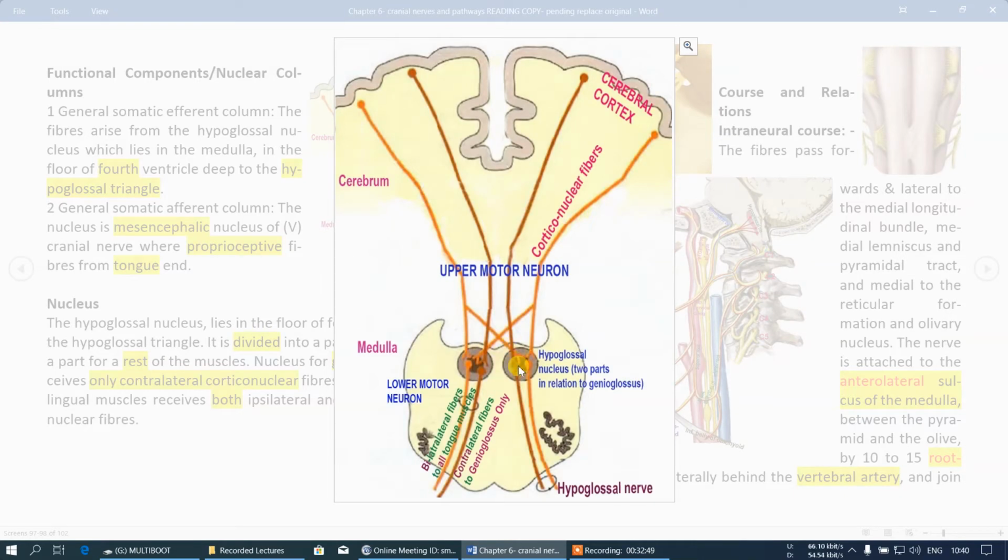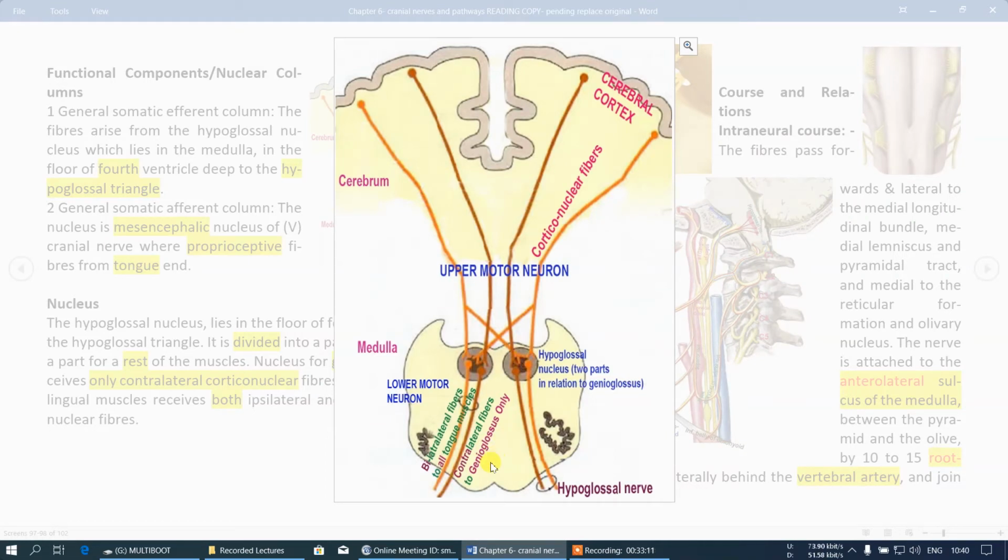So you can see the lower part receives only the opposite half of the fibers. From this nucleus, the contralateral efferent fibers go only to genioglossus.